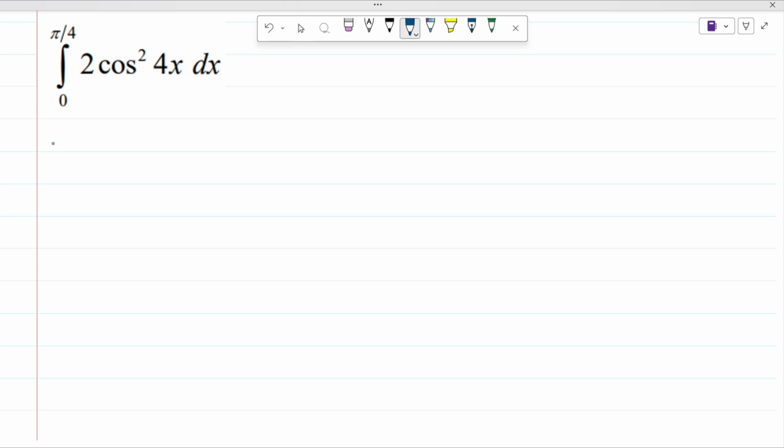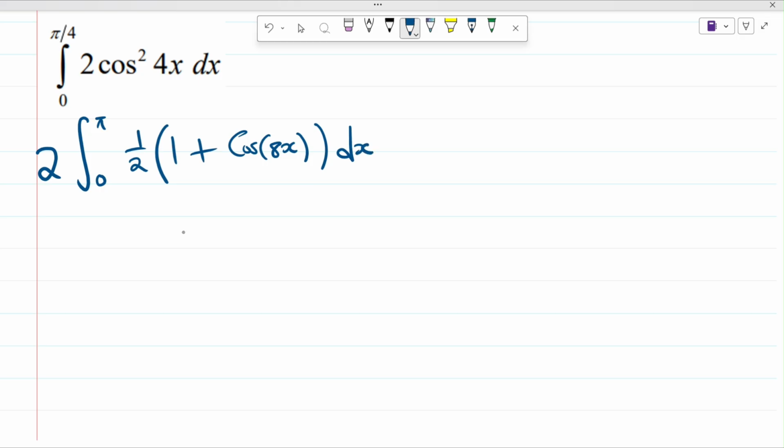The first thing that we can do here, we didn't have to think much, is to take the 2 out. When I take the 2 out, I'm left with cos squared. Cos squared I substitute into its equivalence. This is going to be 1 plus, I double the angle, cos of 8x. And then I close, I have my dx.